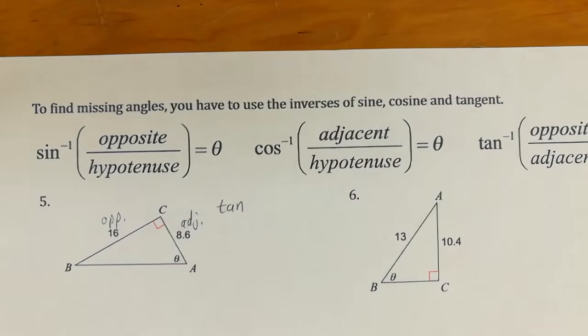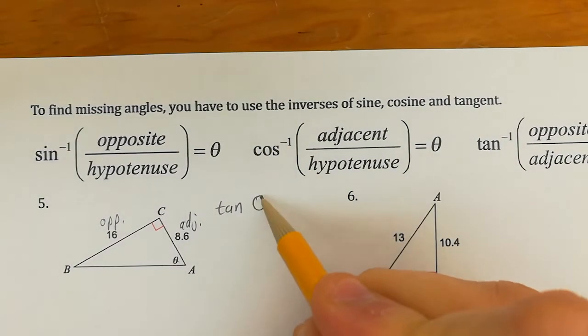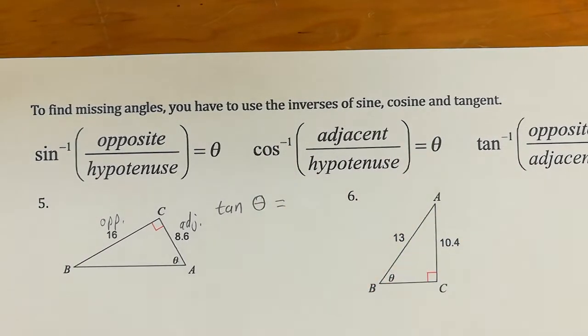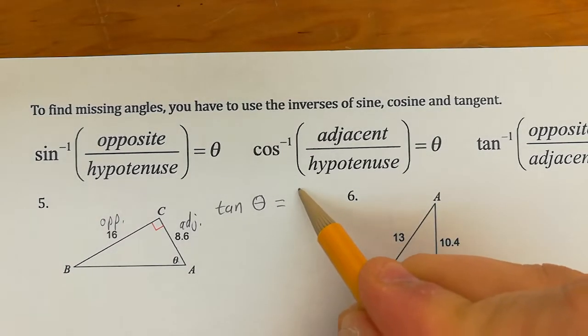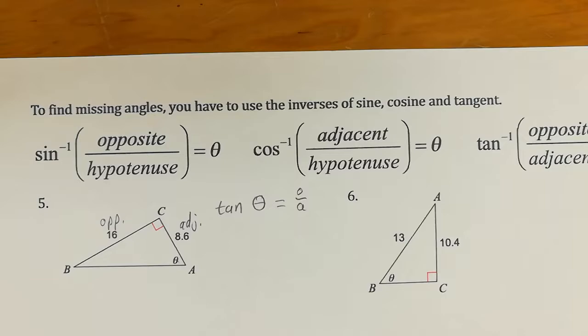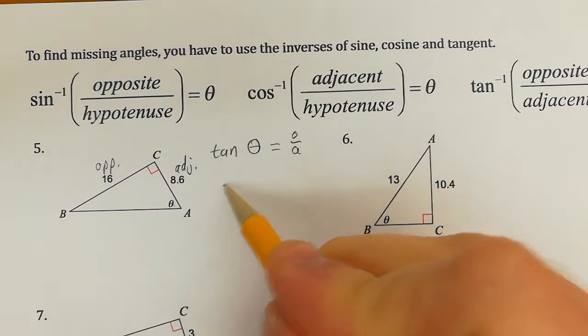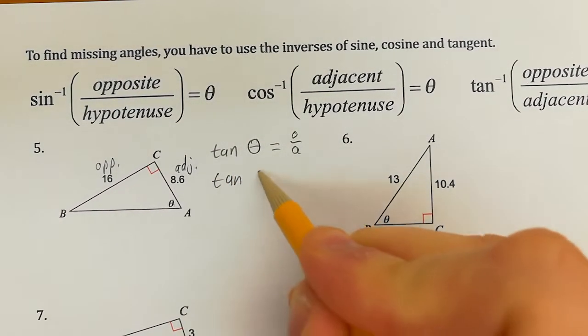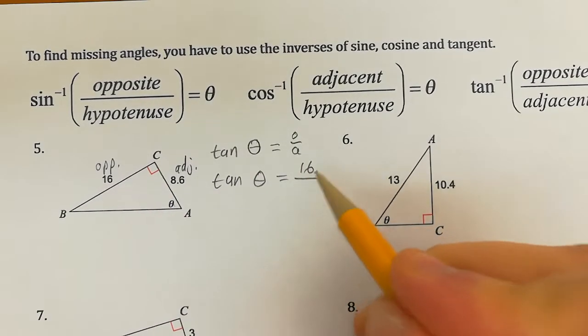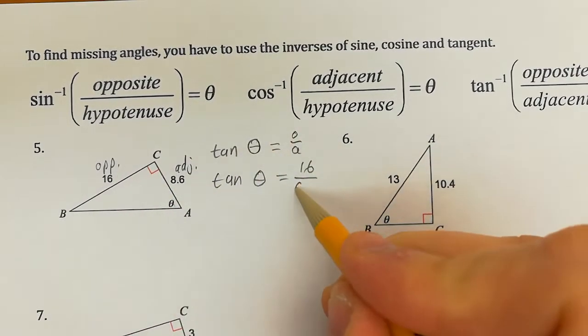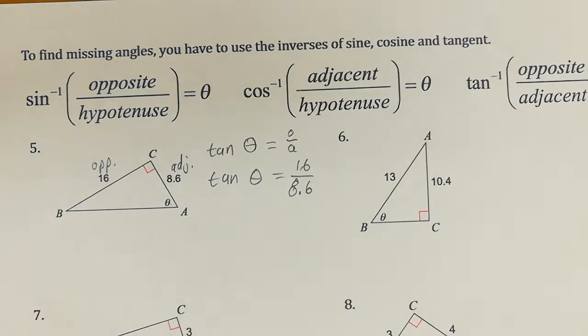As you remember from SOHCAHTOA, tangent is opposite over adjacent. All right, so now let's just plug in what we know. We have 16 is the opposite, and 8.6 is the adjacent.